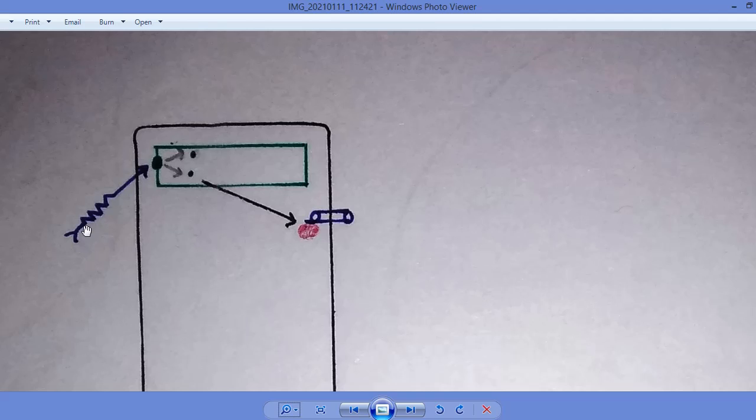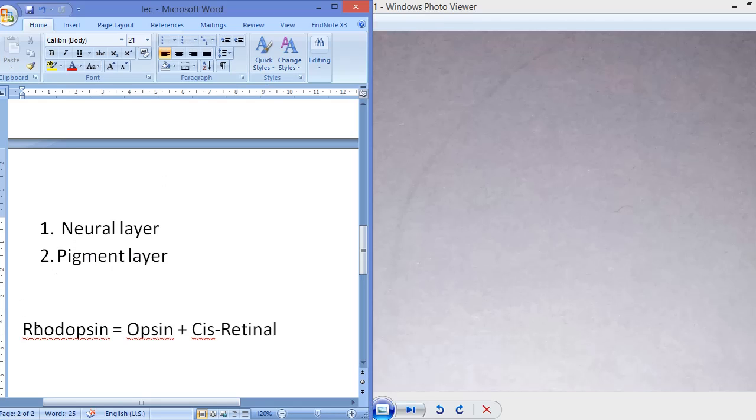Once again, rhodopsin is the combination of cis-retinal and opsin. When light falls on it, the cis-retinal is converted into trans-retinal, and the retinal is separated from the opsin.